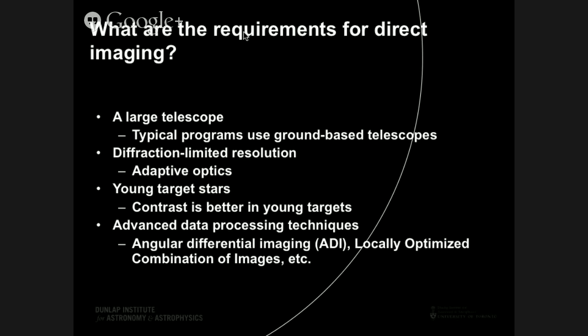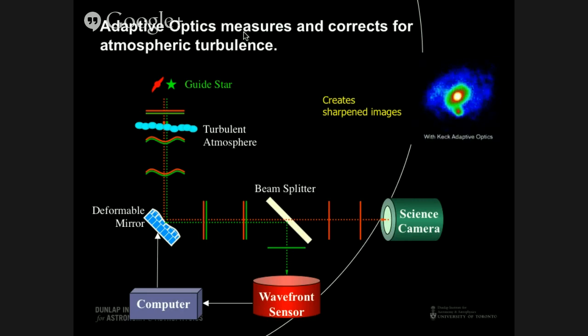Just to make sure everyone is on the same page about adaptive optics, I wanted to give one brief primer on it. Adaptive optics is what we do to measure and correct for atmospheric turbulence, to go from a blurry seeing-limited image to a nice sharp diffraction-limited image. We use some sort of guide star. In our case, we're using a natural guide star, so we can guide on the star itself.